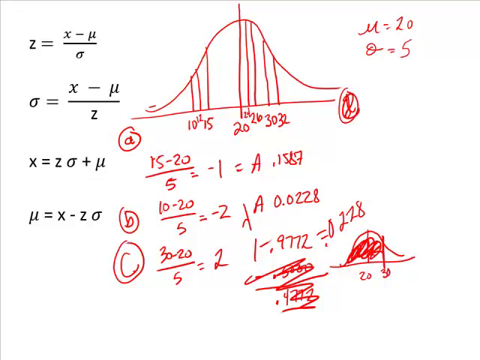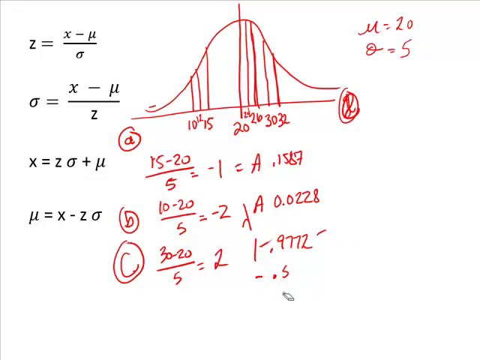E, you had to do between 26 and 32. So how do we do that one? I did 26 minus 20 over 5. So the first step is 26 minus 20 over 5, which is 6 over 5, which is 1.2. Okay. And then to find it on the z-table, it's 0.8849. Okay. Now what?